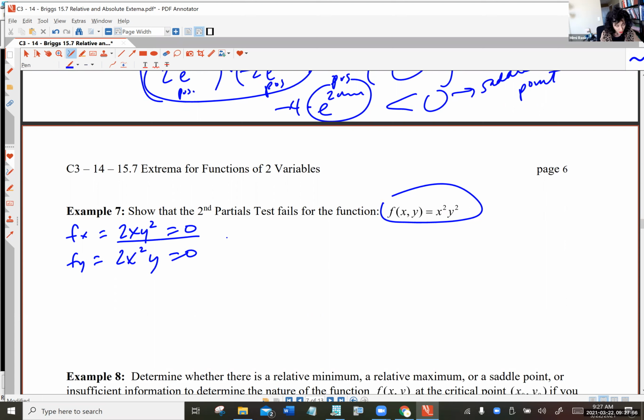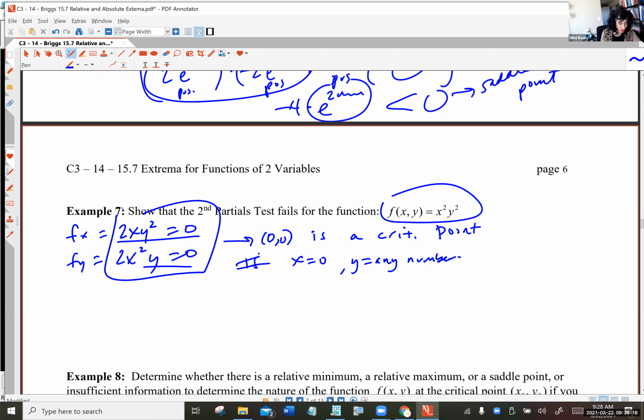Now, when you solve these, it looks like (0, 0) is a critical point, but I claim there's a lot more. There's actually infinitely many critical points. Why? Well, if you let x equal 0, y could be any number at all. When you plug that into both of these partials, do you see that both of them go to 0?